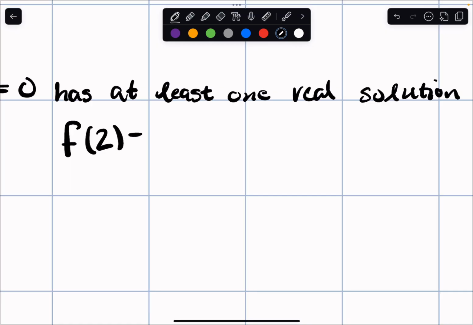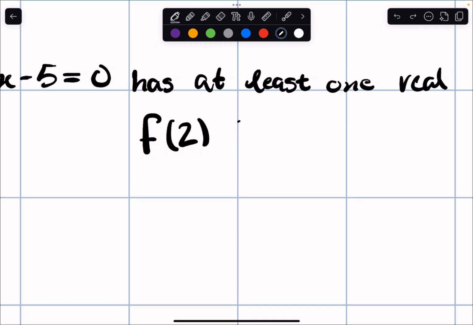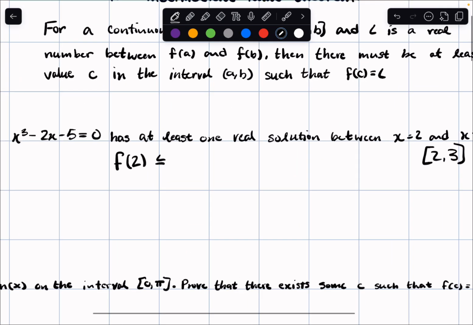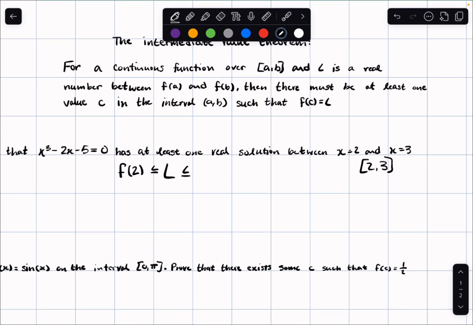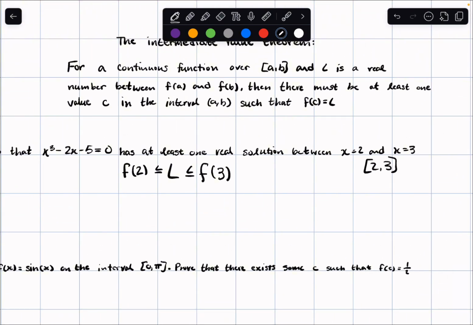We'll do f of 2, which must be less than or equal to L, a real number between f of a and f of b, which is less than or equal to f of 3, because that's going to line up with b. Then if this holds, there must be at least one value c in the open interval from a to b such that f of c is equal to L, okay?